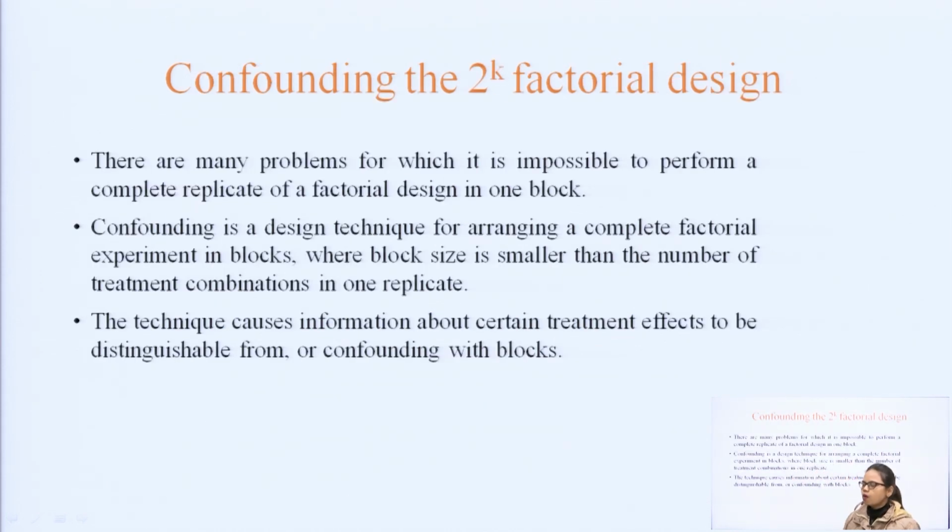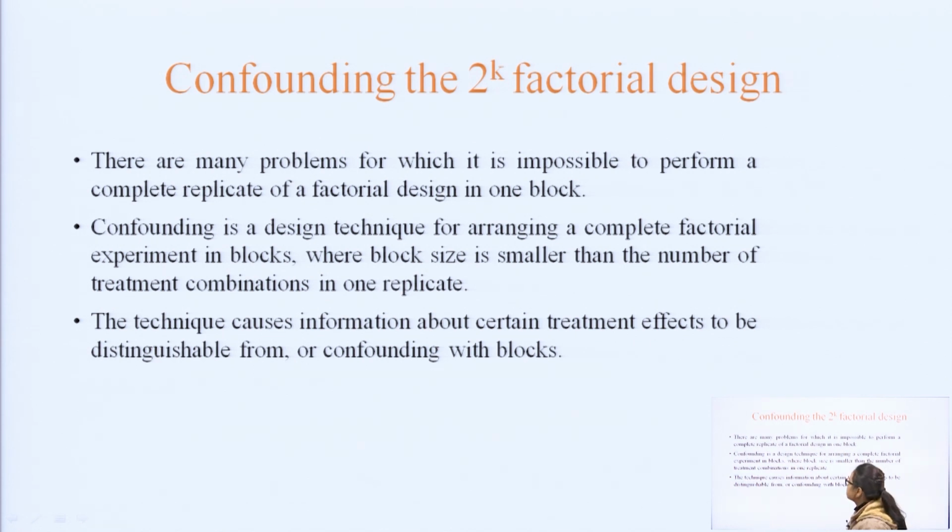Next is confounding in the 2k factorial design. What is confounding? Actually, blocking and confounding are the same, but what is the difference? Why do we use confounding?